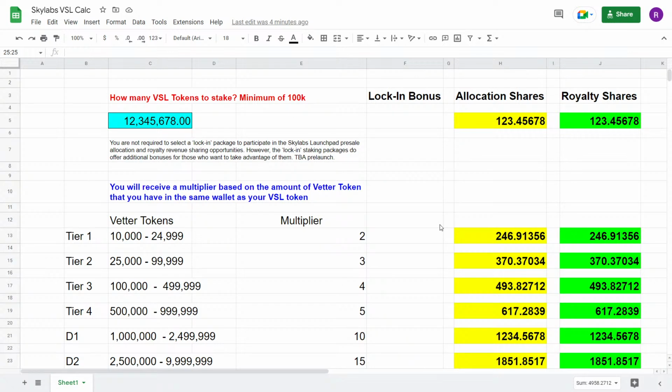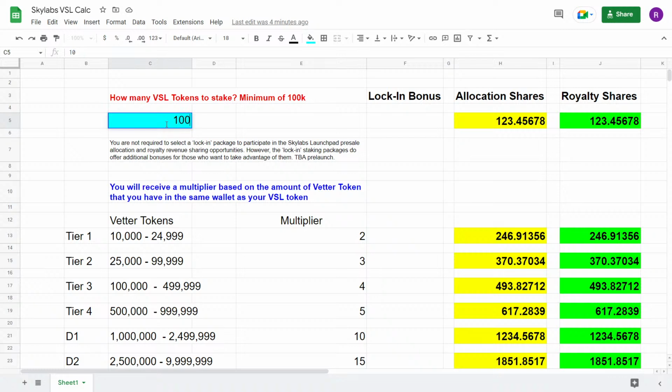Phyllis has a great question. Thank you, Phyllis. Allocation shares and royalty shares. Okay, allocation shares would be projects launching off of the Skylabs platform. Allocation shares means that you get to put in a certain amount for your contribution. Just this is strictly for funsies.